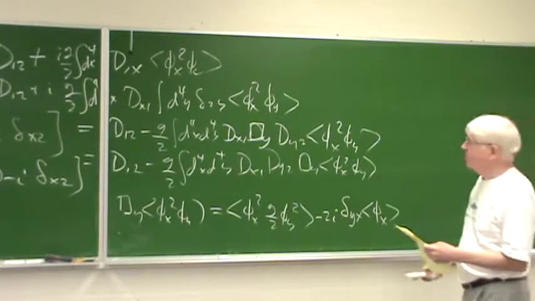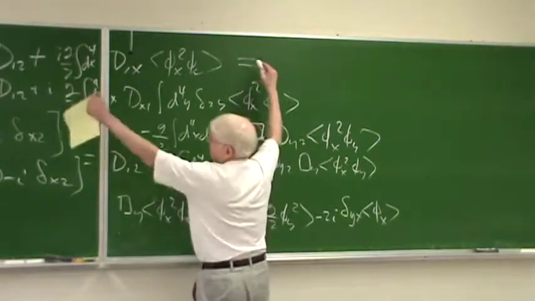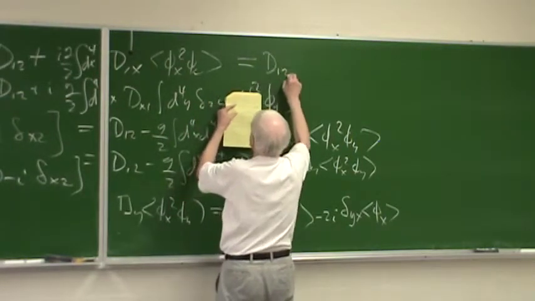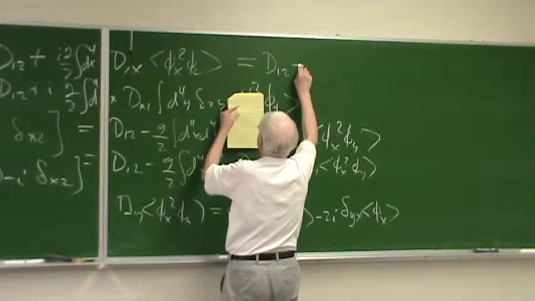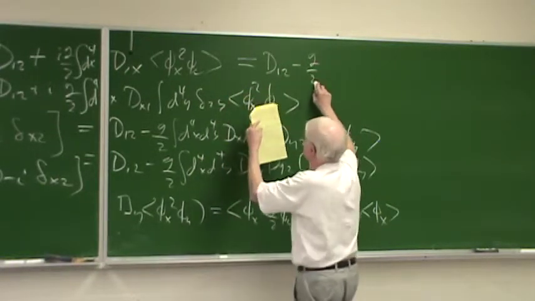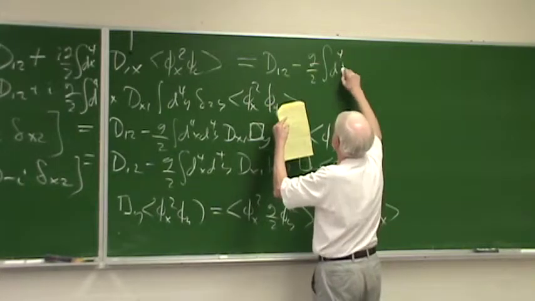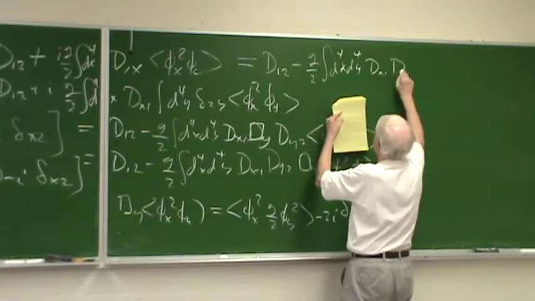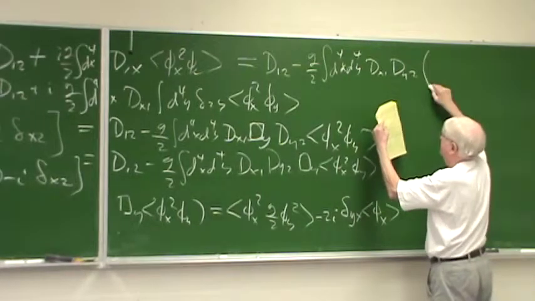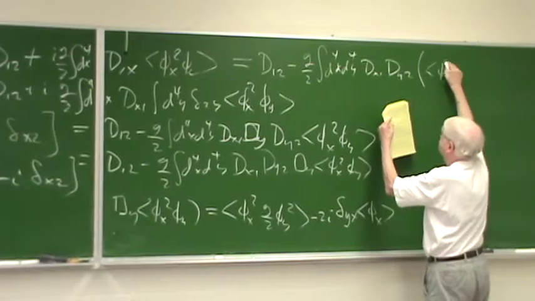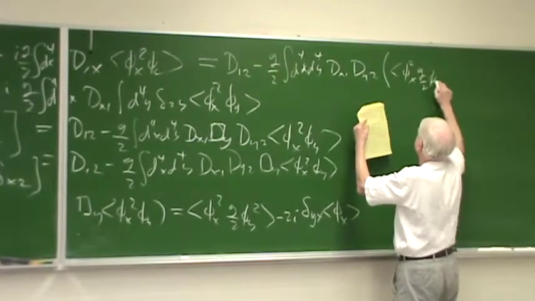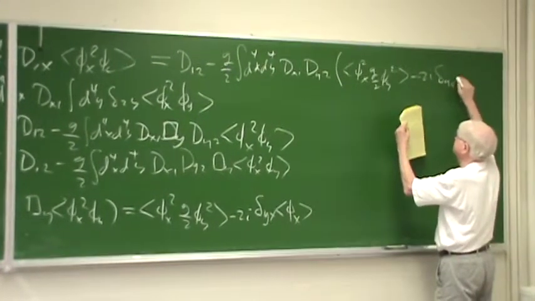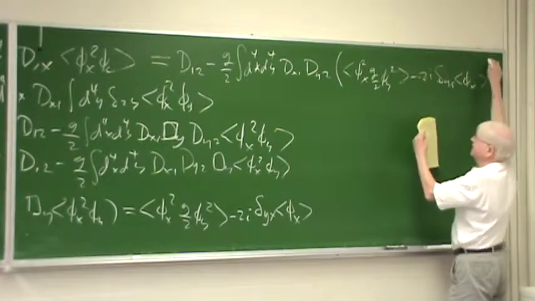And so altogether, if I just use the fact that that's φ(x), φ1, φ2 there, this is D12 minus g over 2 integral d⁴x, d⁴y, dx1, dy2, φ(x)² g over 2 φ(y)² minus 2i δ(y−x) φ(x).